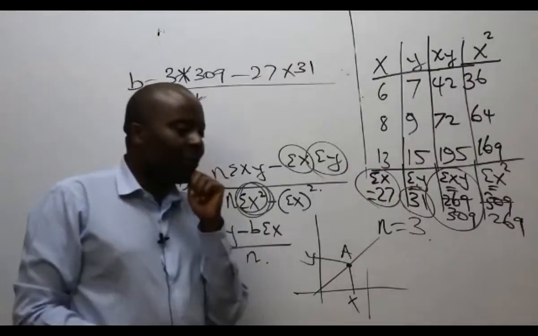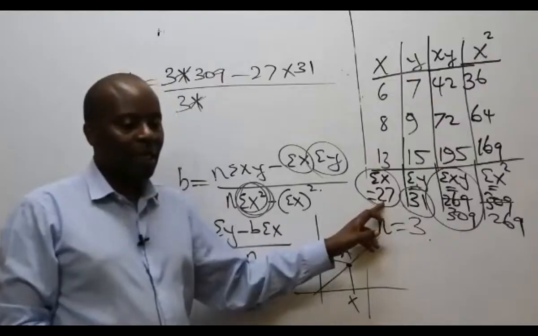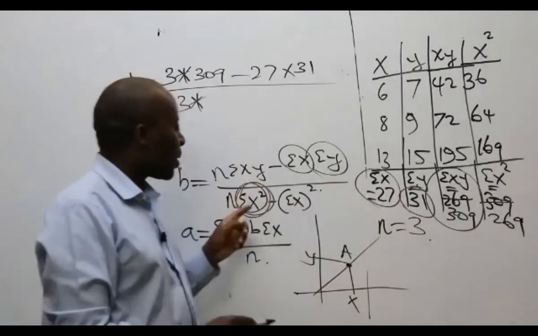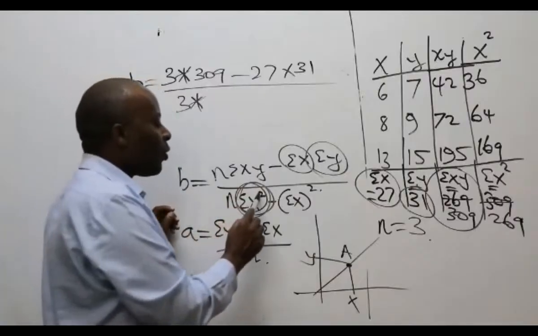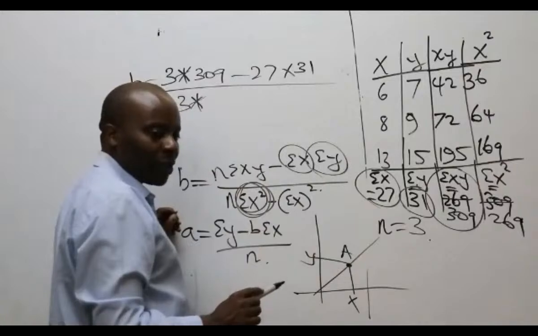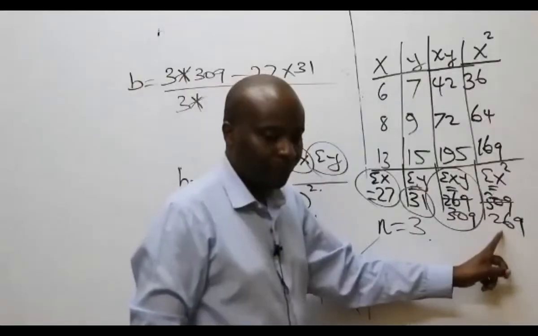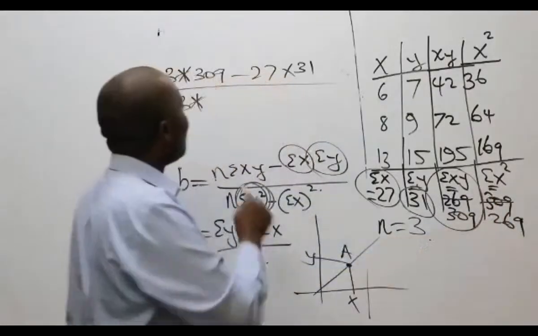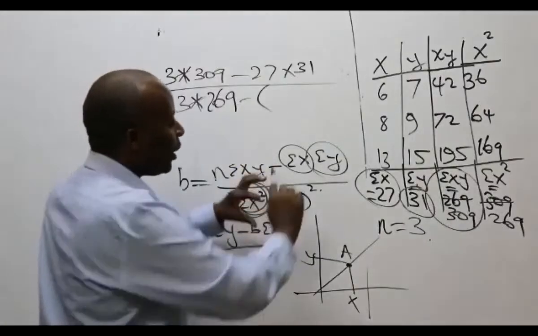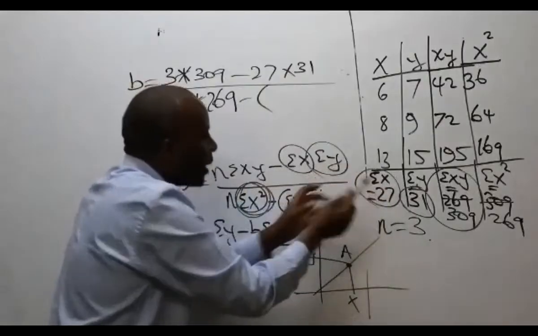Another student told me, teacher, summation x squared is equal to 27 squared. That is wrong. This summation x squared, if you look at it very well, first of all, they want you to square x alone. Summation of x squared is here, so it is 269 minus, in brackets, summation of x, which is 27.